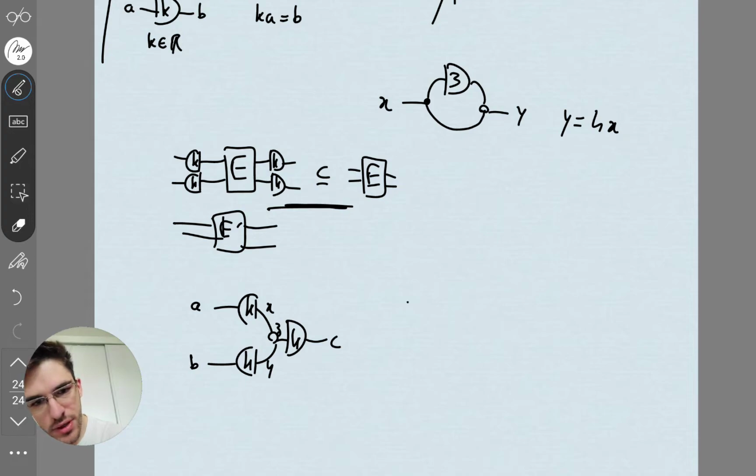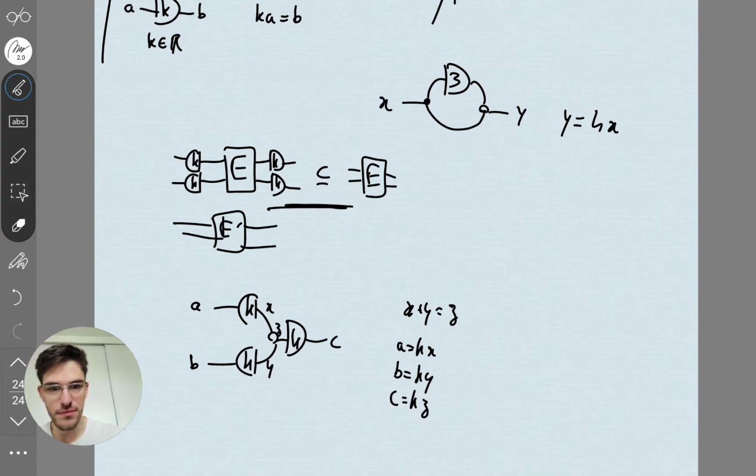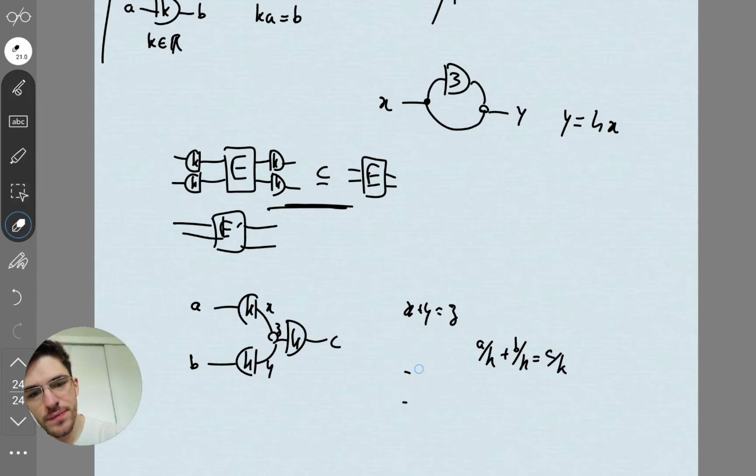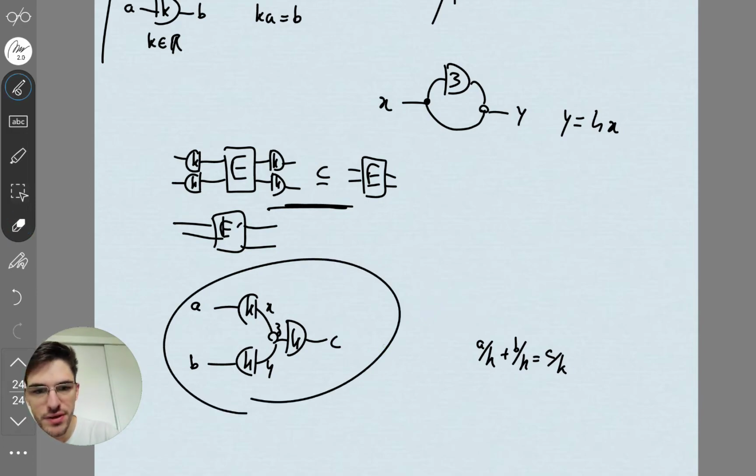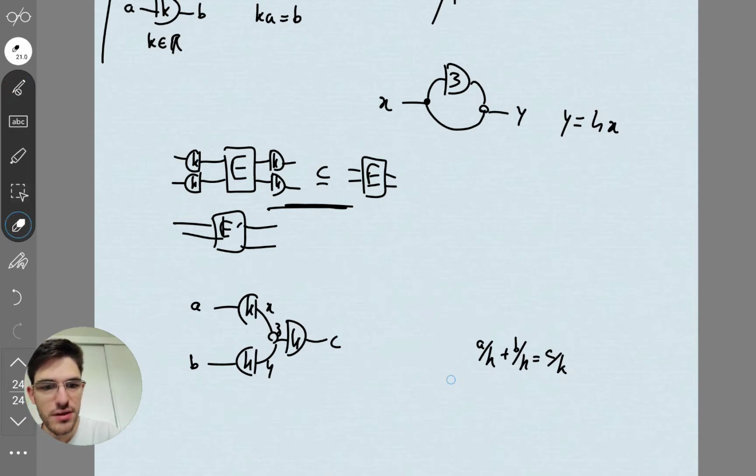This is x plus y equals z, and then a equals kx, b equals ky, c equals kz. So, assuming that k is non-zero, this is the same as a over k plus b over k equals c over k, right?